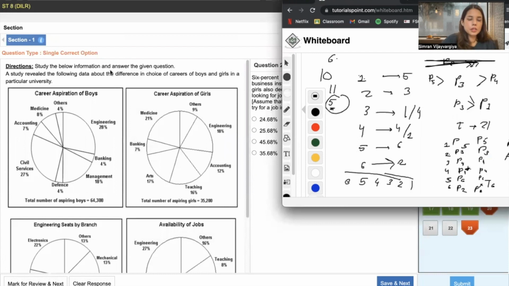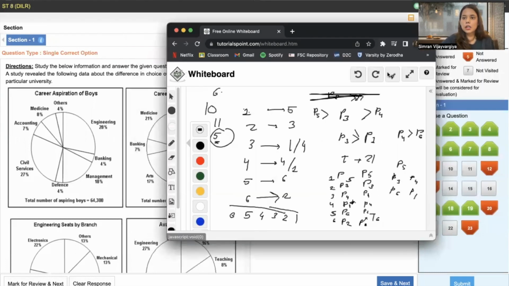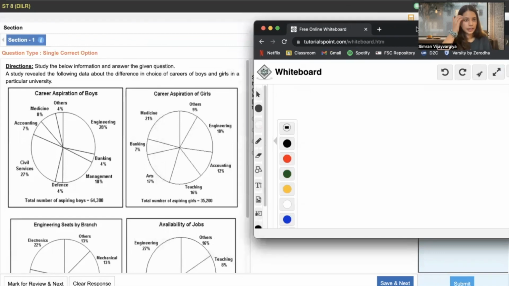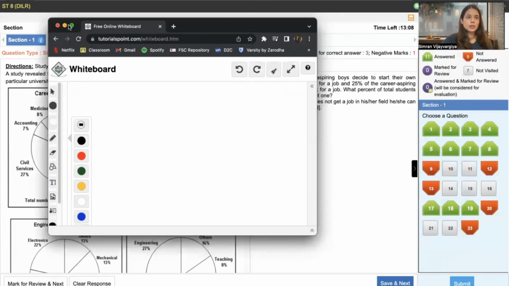Study the following information and answer the given question. A study revealed the following data about the difference in choice of careers of boys and girls in a particular university. I think we're not going to need this.